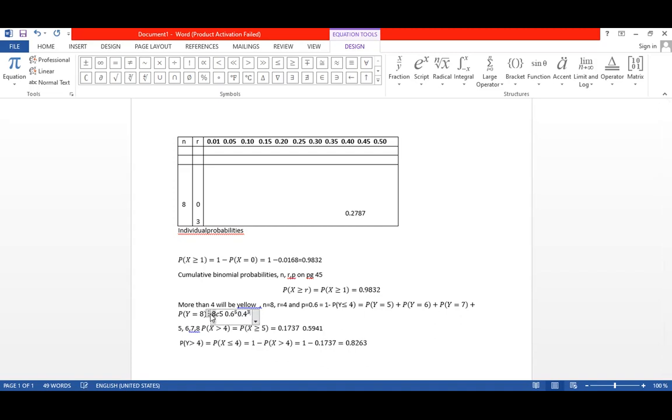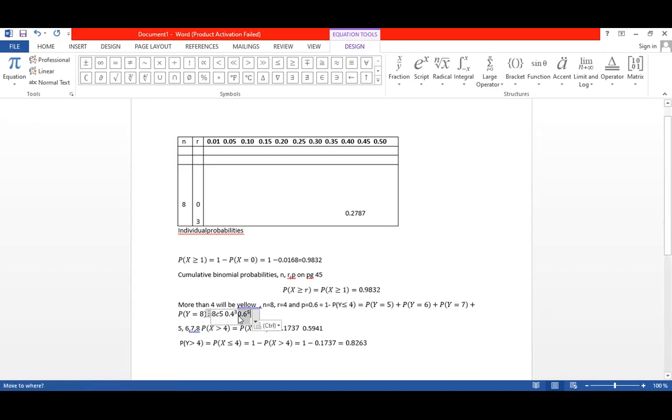Now, girls, we notice here, because we have Y equal to 5, that is there are 5 yellow oranges, so it is 0.6 power 5, 0.4 power 3. Now, if I wanted to use the probability of success, we are going to interchange these.